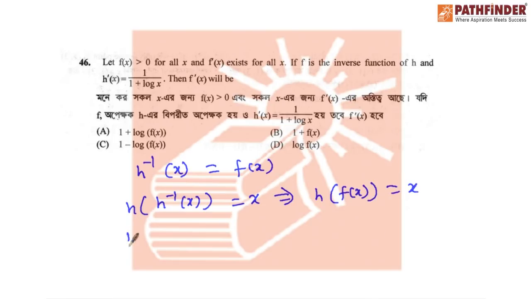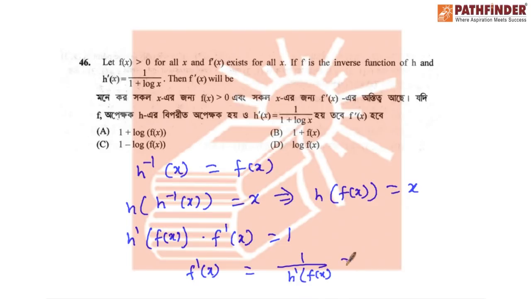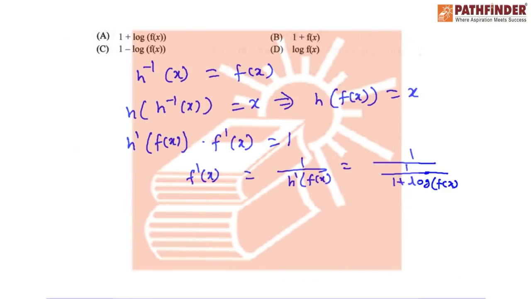Differentiating both sides, we get h'(f(x)) times f'(x) equals 1, or f'(x) equals 1 by h'(f(x)), which is 1 by (1 + log f(x)), which is 1/(1 + log f(x)), given in option A.